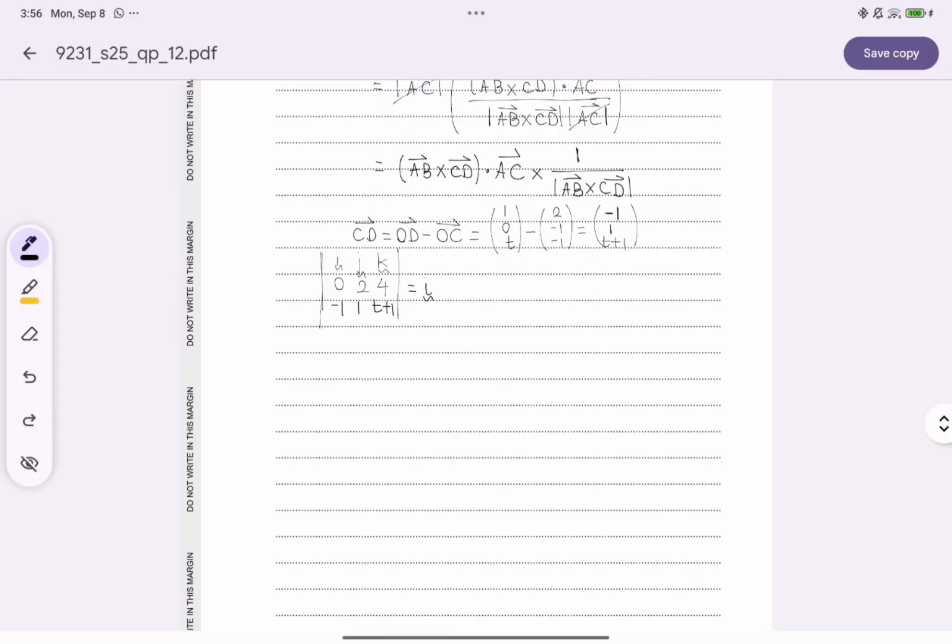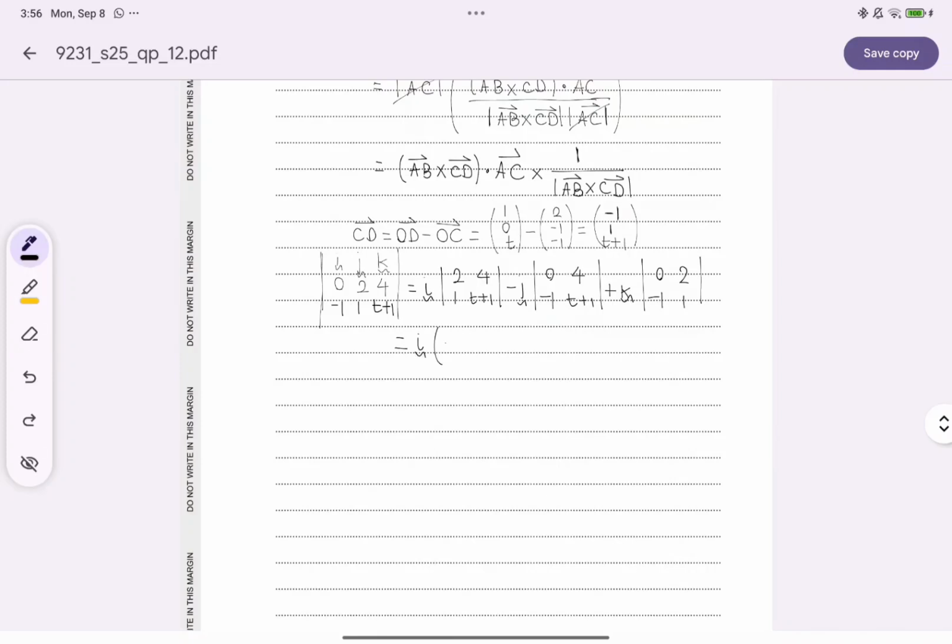That equals I, that would be 2, 4, 1, T plus 1, minus J, that's 0, 4, minus 1, T plus 1, plus K, 0, 2, minus 1, 1.